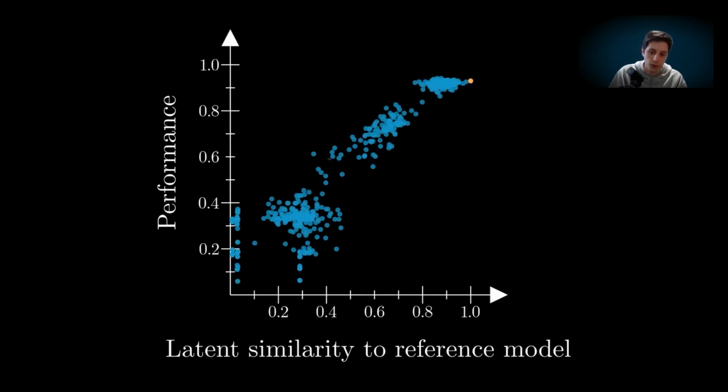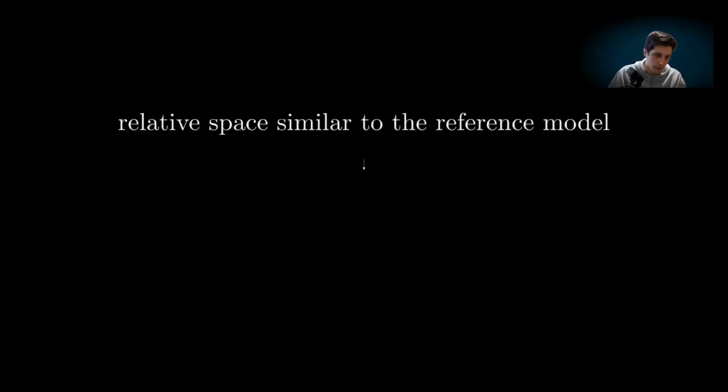And we continue doing so. So basically, we change parameters, we obtain other models, and we plot them in this scatter plot. And what we observe is very interesting because there is a correlation between the latent similarity to the reference model and the performance, a very strong correlation.